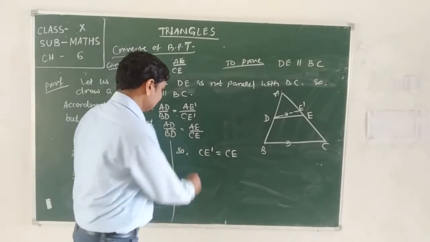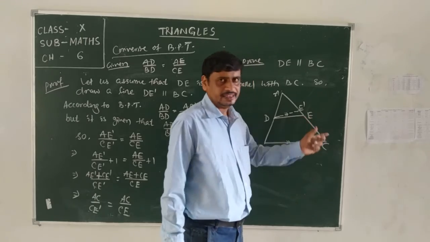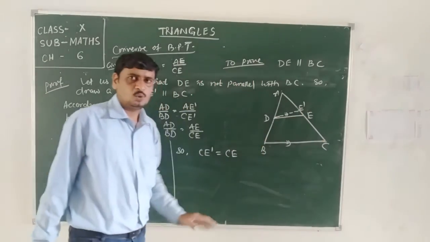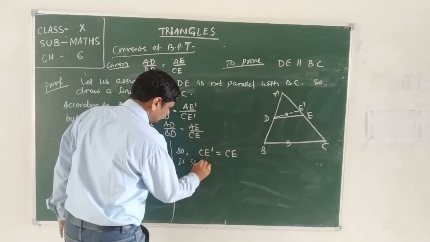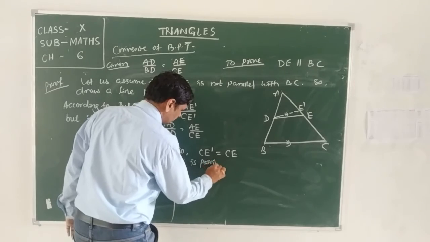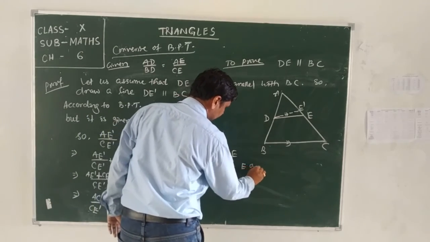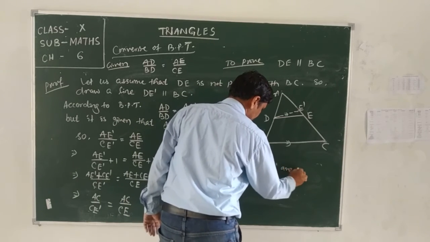If CE dash and CE are equal, it is possible when E dash and E are the same point.